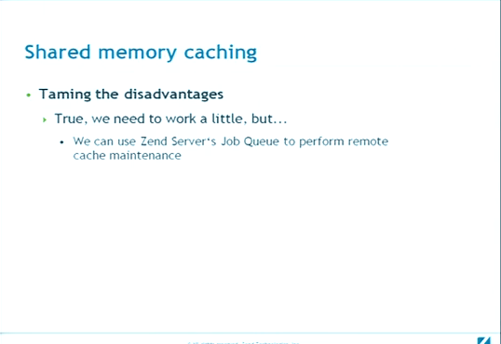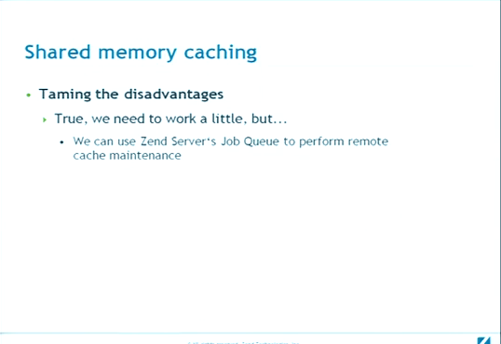So you can use a job queue to maintain your cache. Zend Server has a distributed job queue, and you can register jobs which will execute on each of your front-end servers. And so each one of those jobs is just a very quick kill in the cache. So if you need to update a cache, then just delete it, and then it will automatically repopulate.